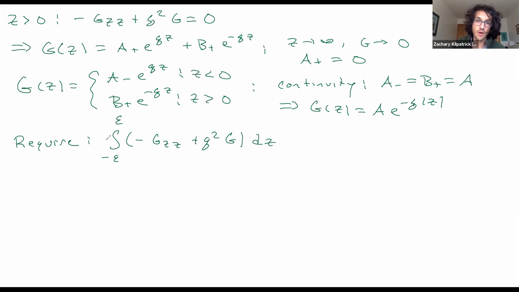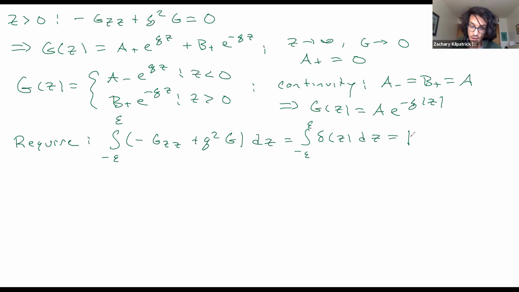So if I integrate it over just a really small window right around 0, that should be 1, no matter how small I shrink epsilon, as long as epsilon's positive. So remember, this is equal to the integral between minus epsilon and epsilon, and this is equal to 1, okay?